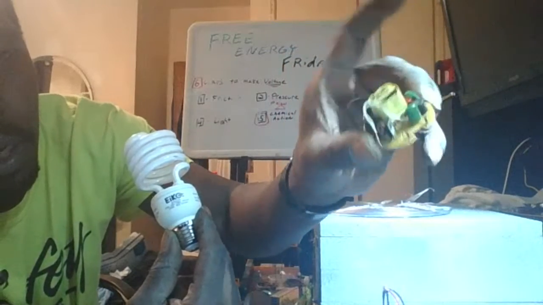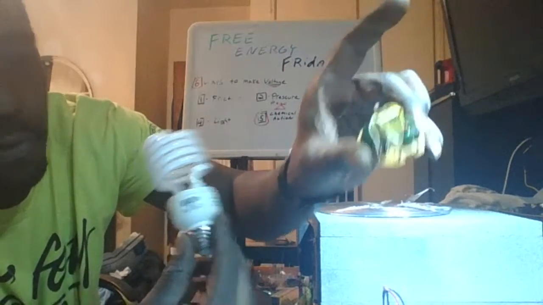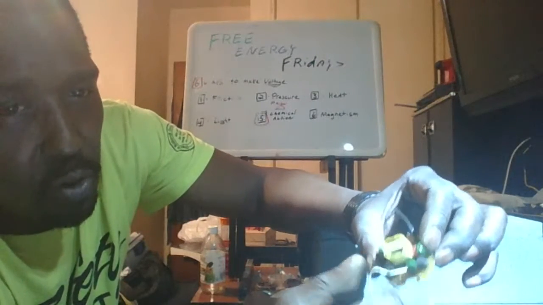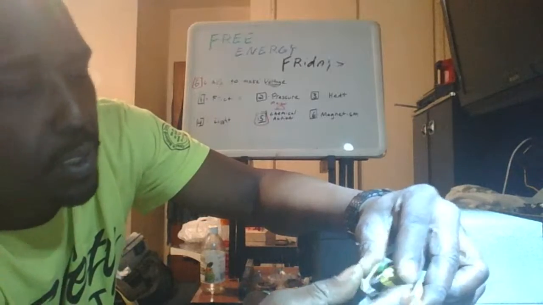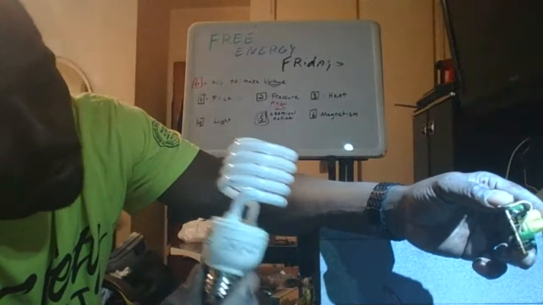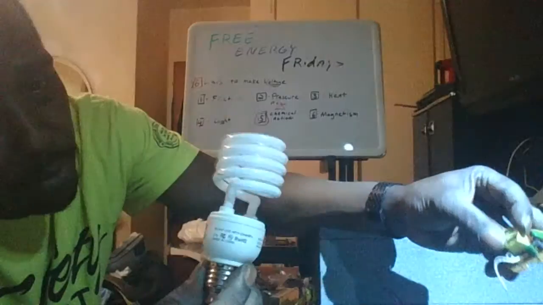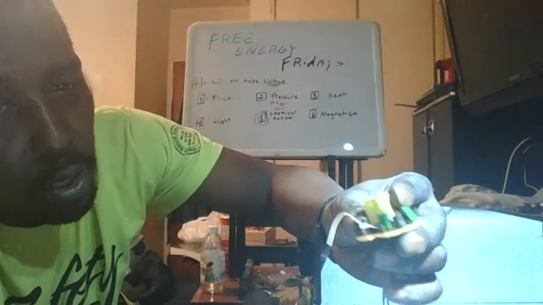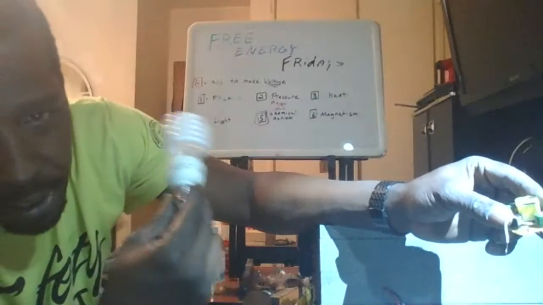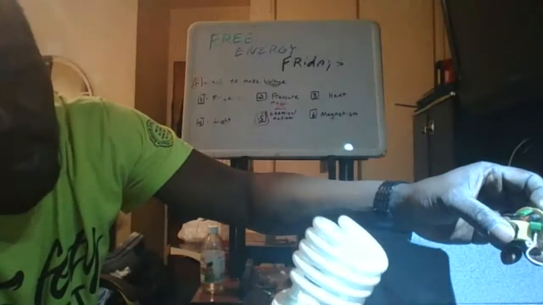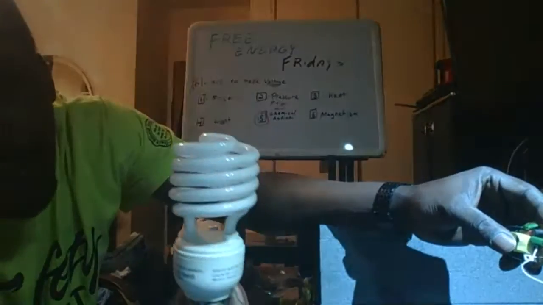I'll take these things off, like this little tiny one. It's almost like a transformer. When you're using this light bulb, you're getting 110 volts from your house, and these lights don't require that, so they had to break it down. This is stepping down the voltage from 110 volts to whatever this is, 8 to 10 volts.